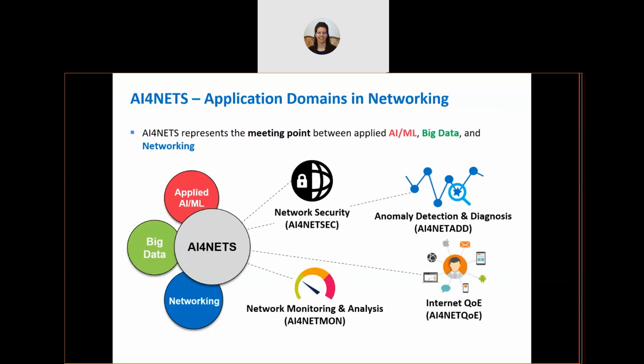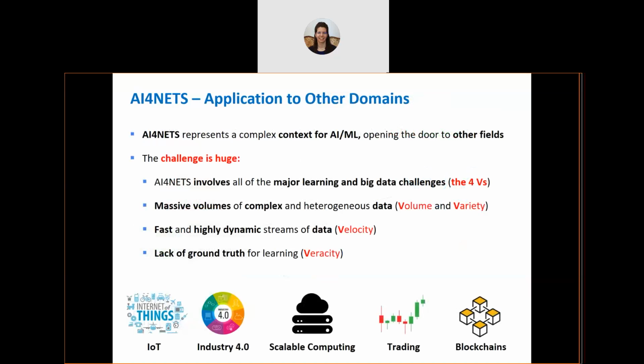And the interesting thing about AI4NETs is that it's a meeting point of different complex fields. If we consider the big data paradigm, AI4NETs involve all the major learning and big data challenges, which we can resume in the famous 4 Vs of big data.